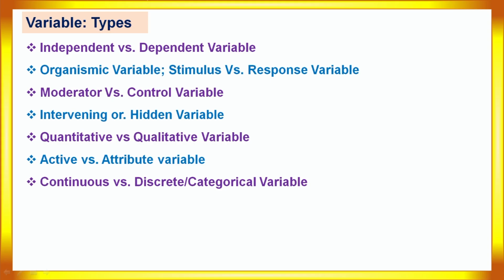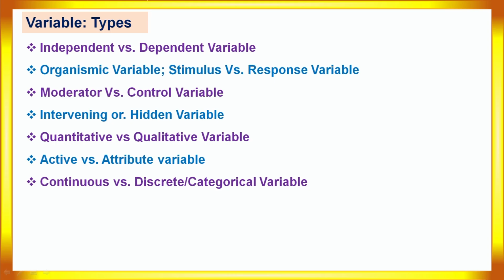Moderator and control variables are two other types of variable. Both are actually special types of independent variable. A moderator variable is hypothesized to exist to affect the relationship between the independent and dependent variable, or it is a cause of the dependent variable, and it is part of your hypothesis.